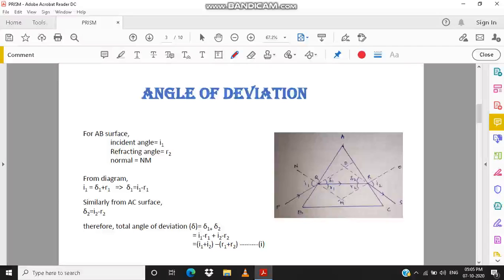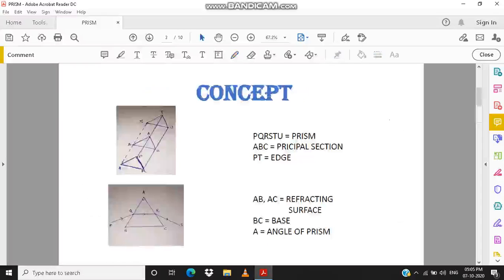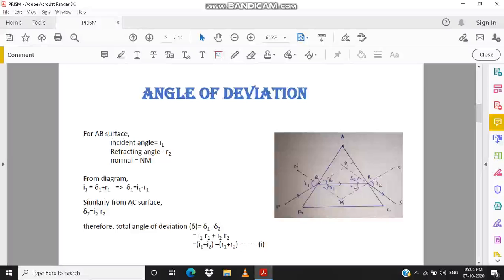PQ, QR and RS. This diagram has been repeated over here. Now you see this NM, I hope you can see the cursor. NM and MO are the normals, that is perpendicular to the surfaces AC and AB. The incident angle is I1 and the angle made with the normal is R1. And the emergent angle is simply I2.